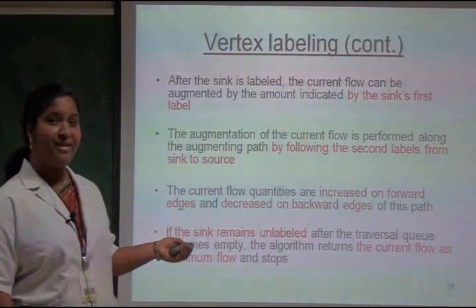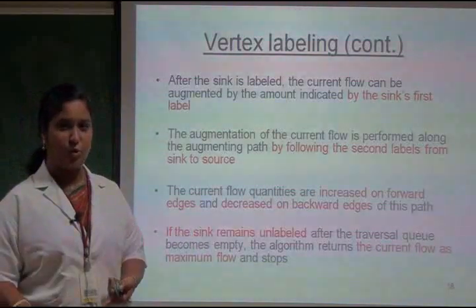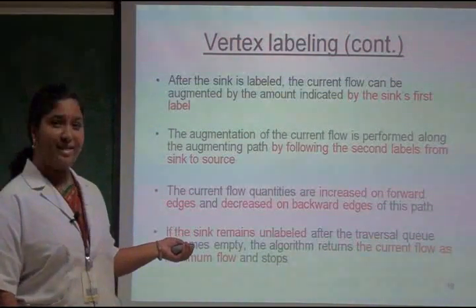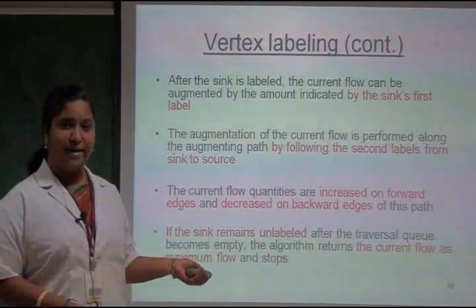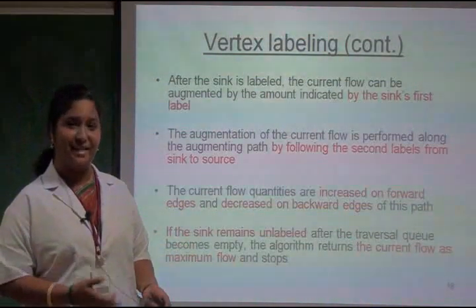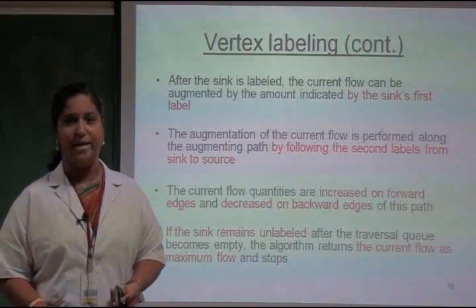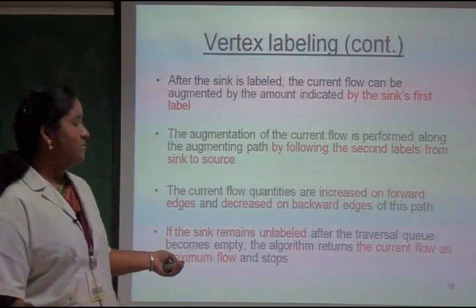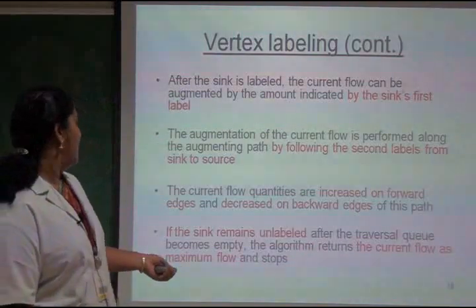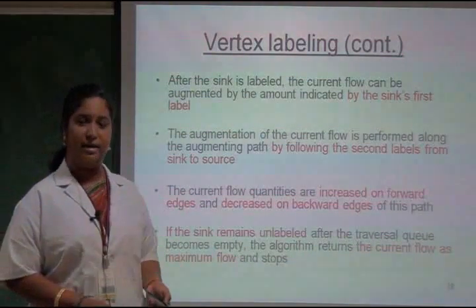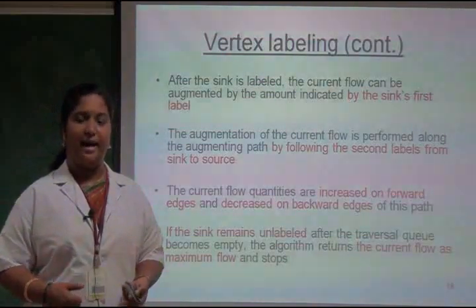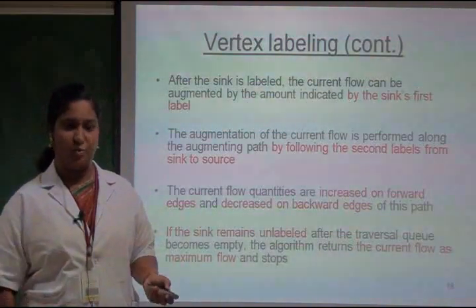And then by following the second labels from sink to source, you have to form an augmenting path, and based on the type of the edge, forward edge means the current flow has to be increased, whereas the backward edge means the current flow has to be reduced. And then when the sink remains unlabeled, we have to stop the procedure. So the current flow has to be retained as the maximum flow, and the procedure has to be stopped.